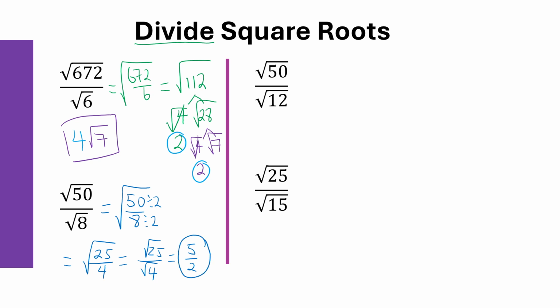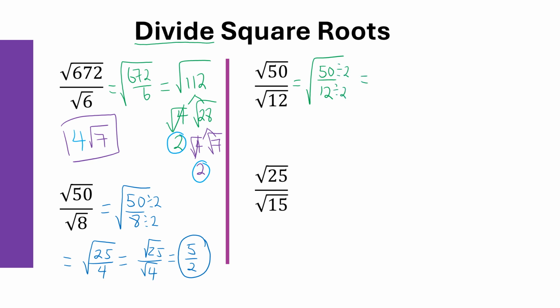And you might encounter another issue, which I gave you in the next example. So again, I'm going to rewrite this as under one square root, and let's do 50 divided by 12. And again, we have the same issue as earlier. 50 divided by 12 will give you a decimal. So let's just reduce the fraction, and again, 2 can go into 50 and 12.